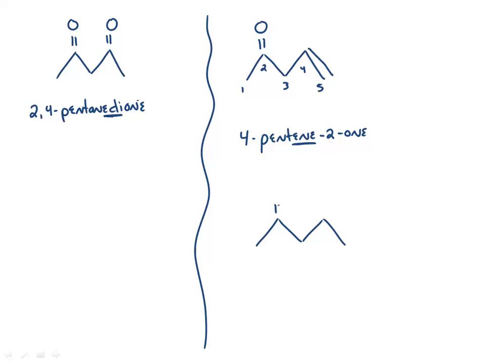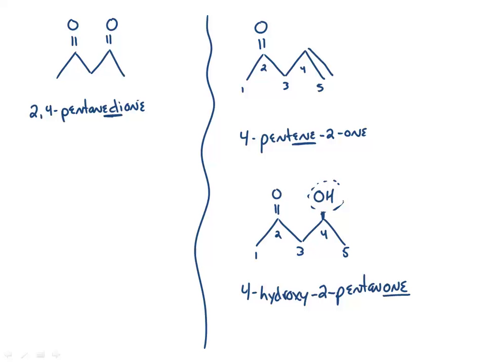Do you guys remember what we do if that functional group is an OH, though? This is 4-hydroxy-2-pentanone. There we go. So this, if it's not the main functional group, is quite often referred to as a hydroxy.